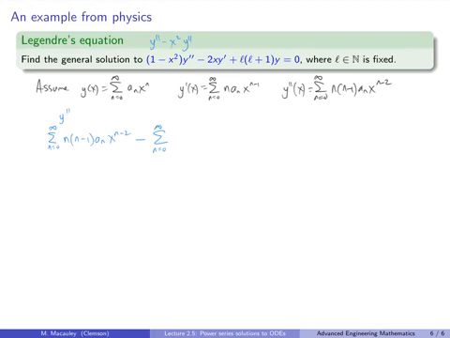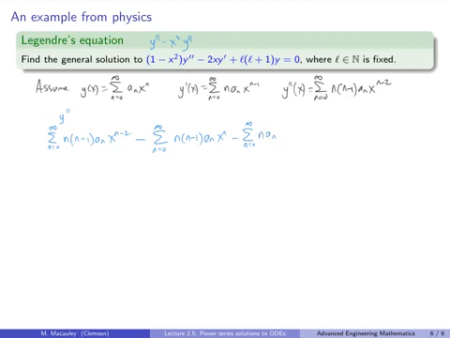So the n-2 is just n. This is n times (n-1) times a_n times x^n. Then the -2xy prime term has a 2 in front of it and becomes x^n, so let me put the 2 inside: 2 n a_n x^n.